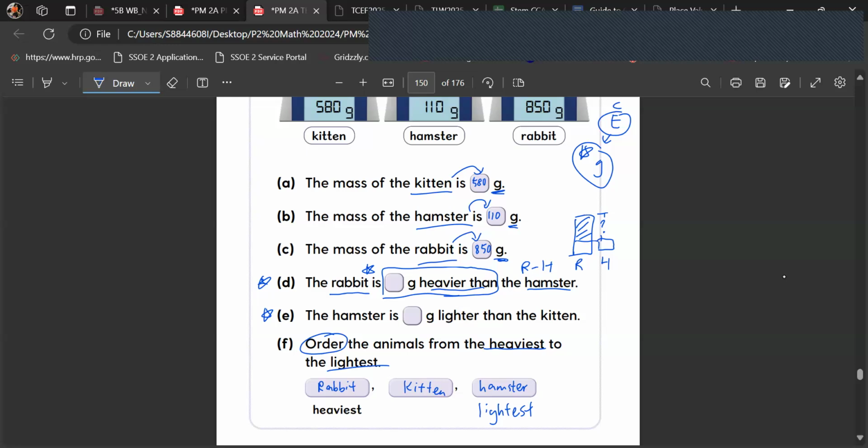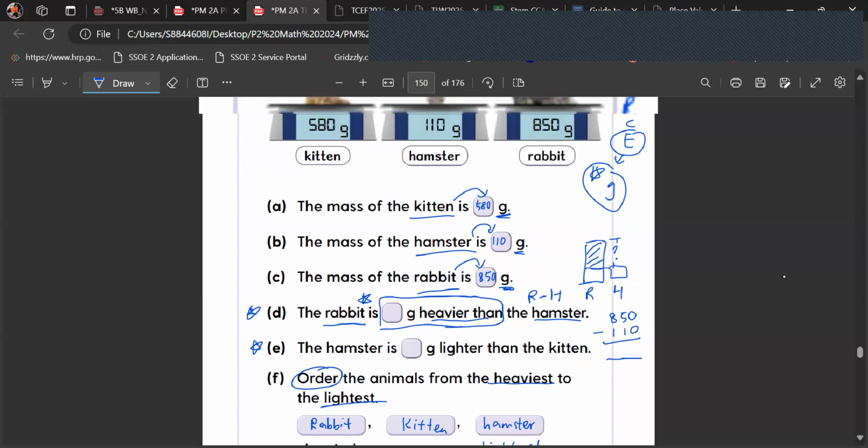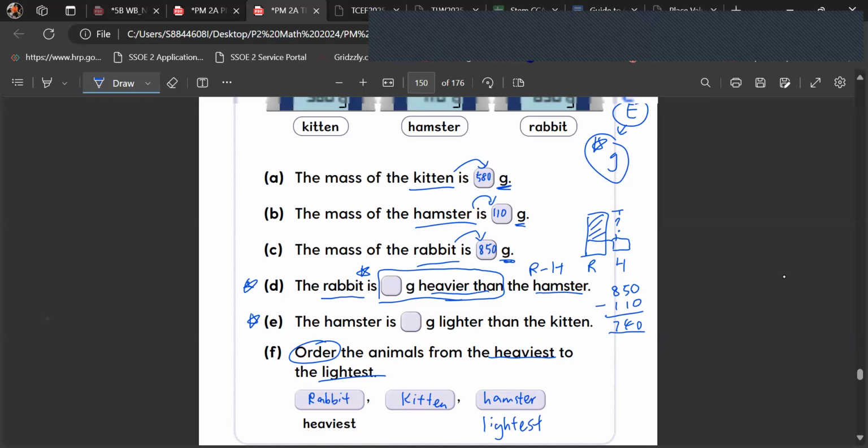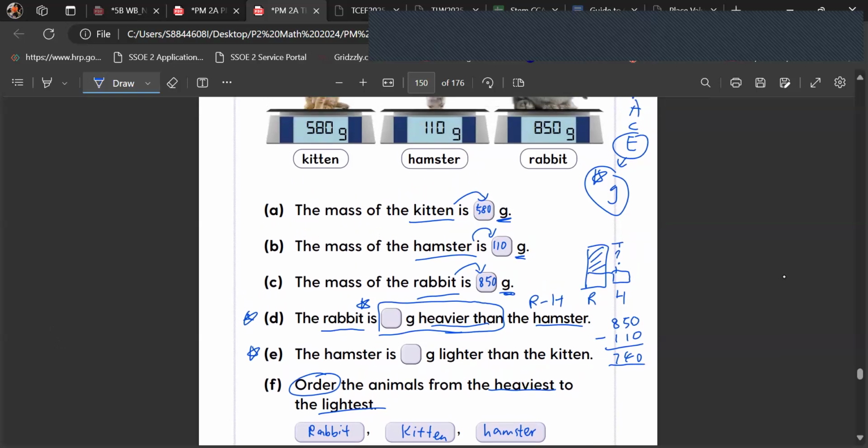Very good. Some of you are very fast. George is very fast. So you take the rabbit, 850, minus the hamster, 110. You will get 740, right? So you need to do a subtraction.